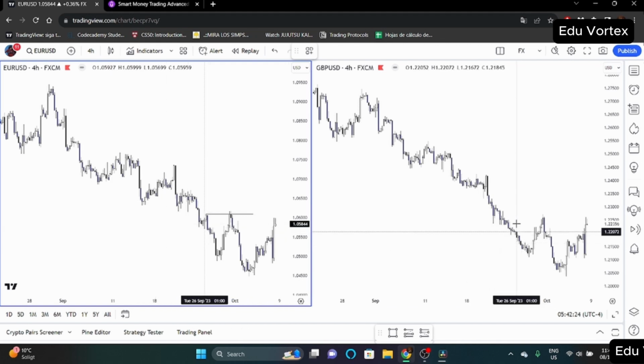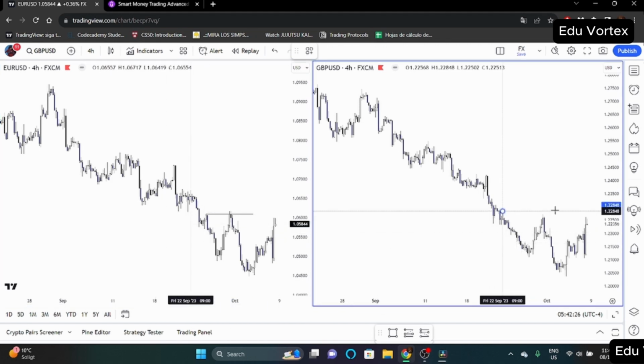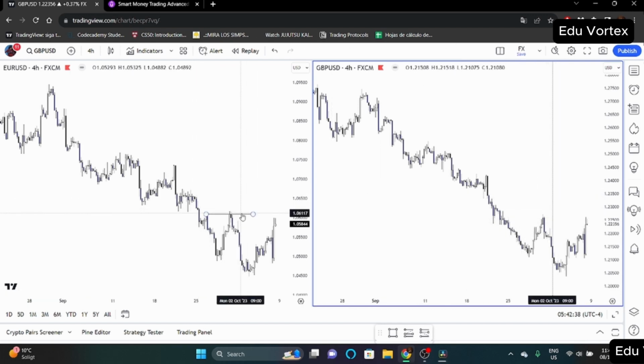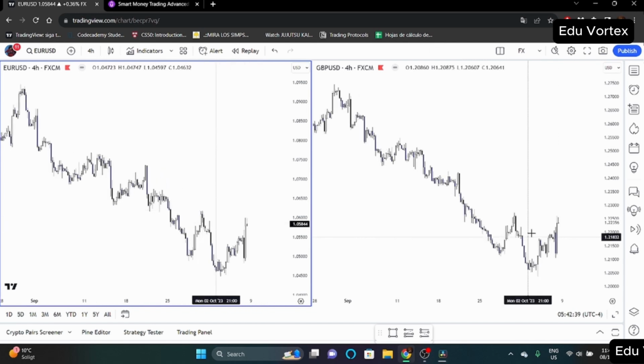In this case, we do take this, but this is not a swing high. The swing high is all the way here. It does not take any swing high. Okay. So this is still our leadership pair, and Euro is our sick pair. Then we displace lower. We go up, we go down, we go up. Which one is the sick pair?